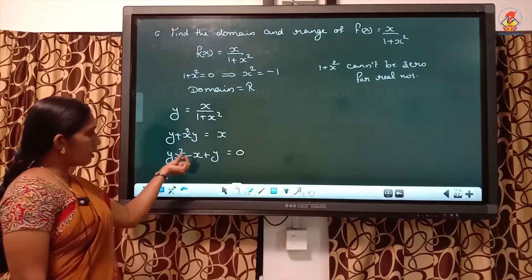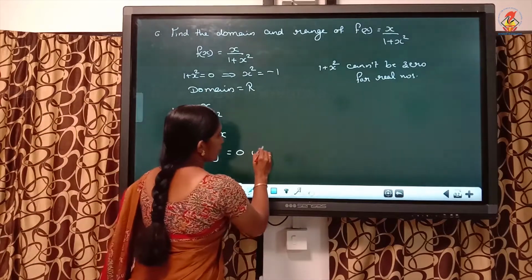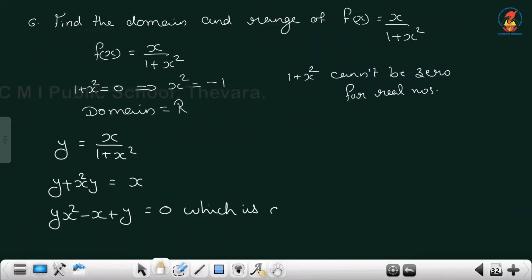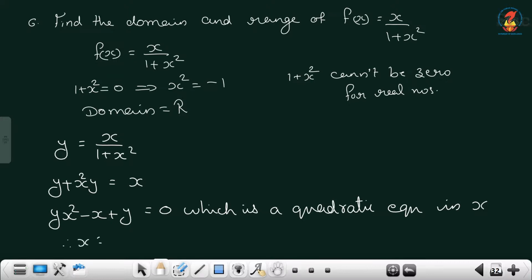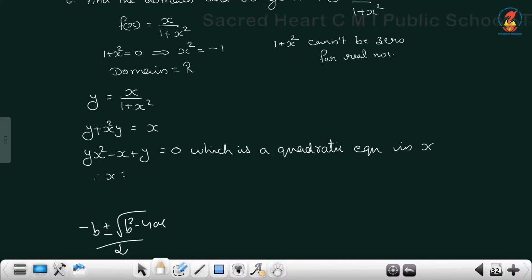Like ax square plus bx plus c is equal to 0, which is a quadratic equation in x. Now we can find the value of x. Therefore, x is equal to, using the quadratic formula, minus b plus or minus root of b square minus 4ac by 2a.